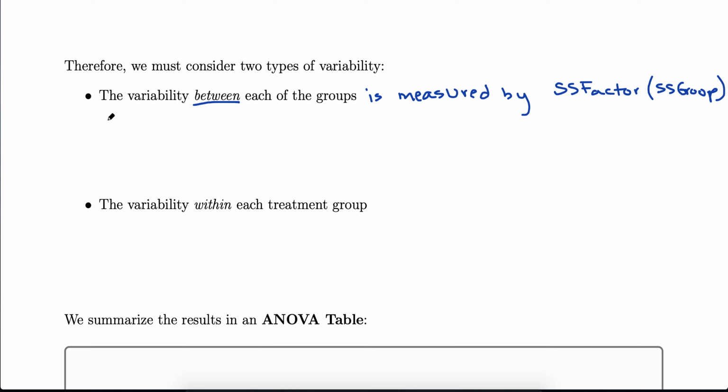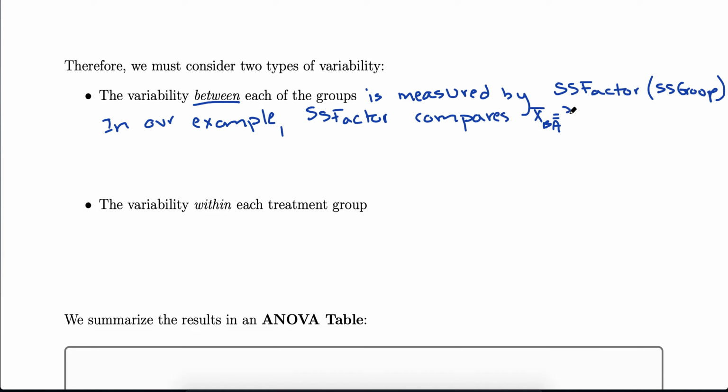So in this example, SS factor compares our group means, that X bar for below average being 38 days, the average being 32, and then the above average being our 24 days.